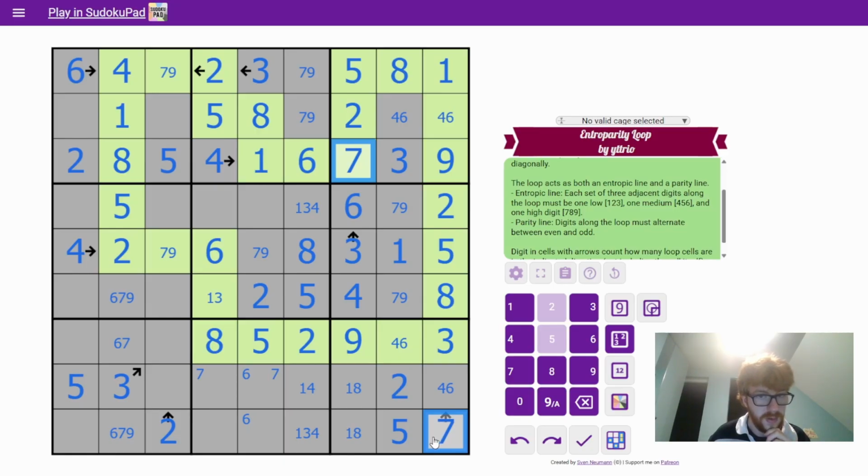Why am I so stuck with this? Well, that's not a 7, I guess. Why am I getting so stuck with this? Where am I going wrong now?